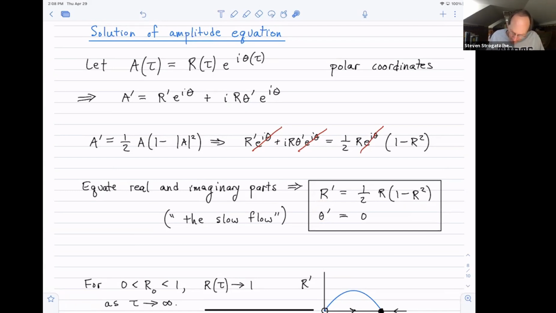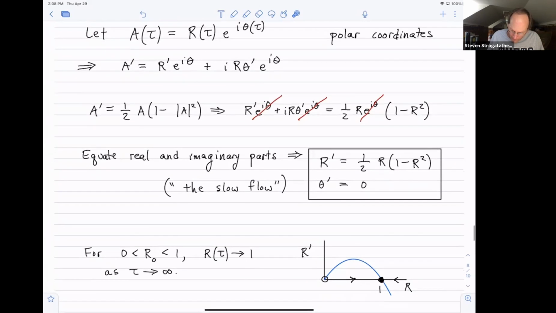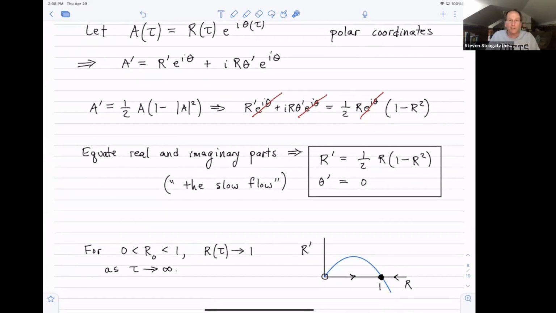And we could analyze this qualitatively with a phase line argument. Rather than phase plane, it's a phase line because it's one-dimensional. So you can observe that if you graph r prime versus r, and the phase point is confined to the r axis, this cubic has a positive slope at the origin, comes down, and cuts through at r equals 1.